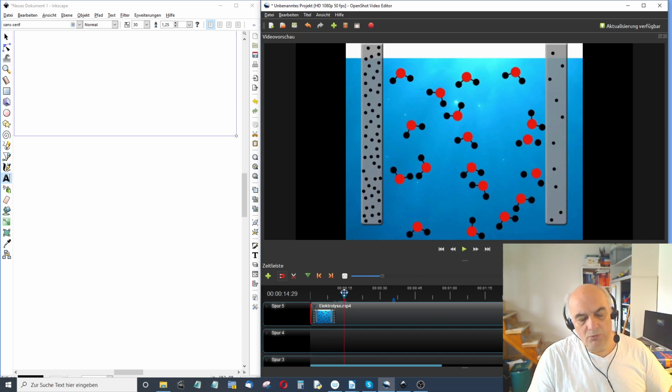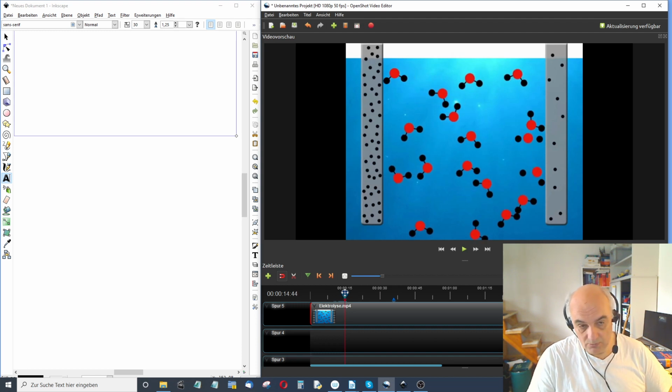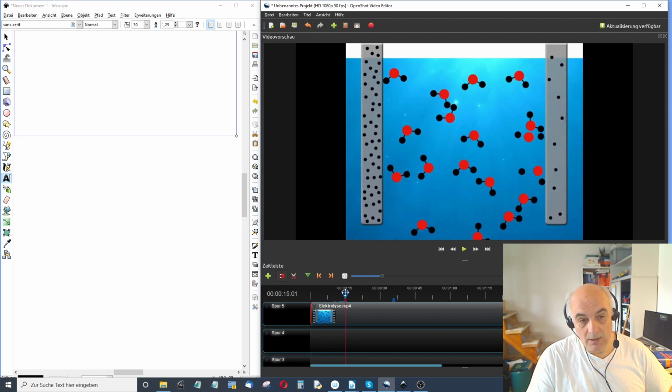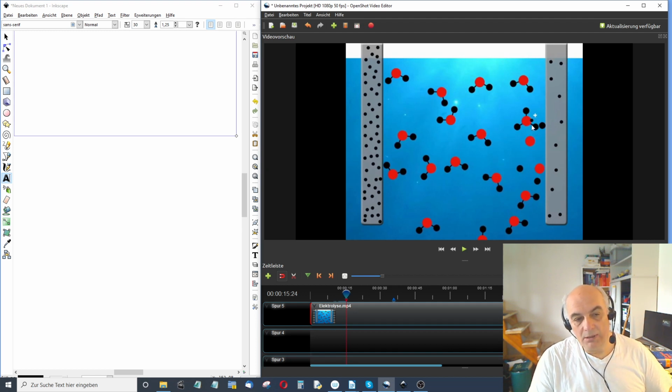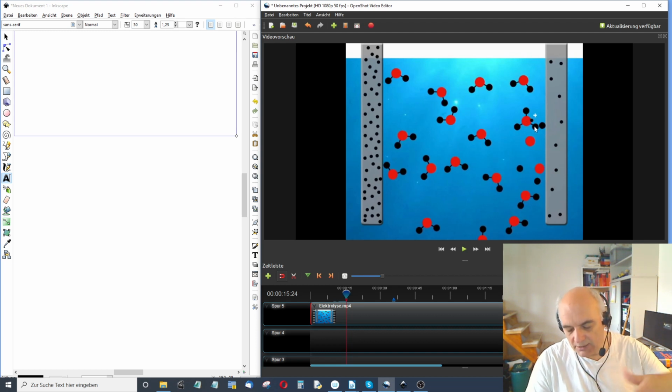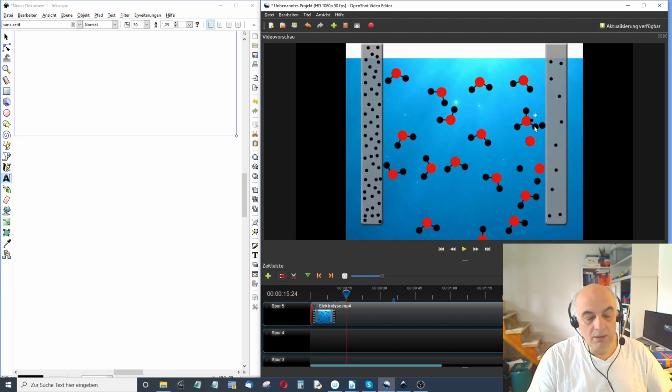So the 2 water molecules lose their bond to the 4 hydrogen atoms. Now the 2 oxygen go together, and the 4 hydrogen meet another water molecule, and then this H3O plus ion is being created, and that's the process when they lose one electron here.